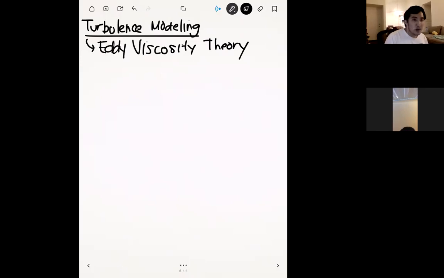The idea behind eddy viscosity theory is that we imagine the turbulent Reynolds stresses are just adding an additional viscosity to our equations.